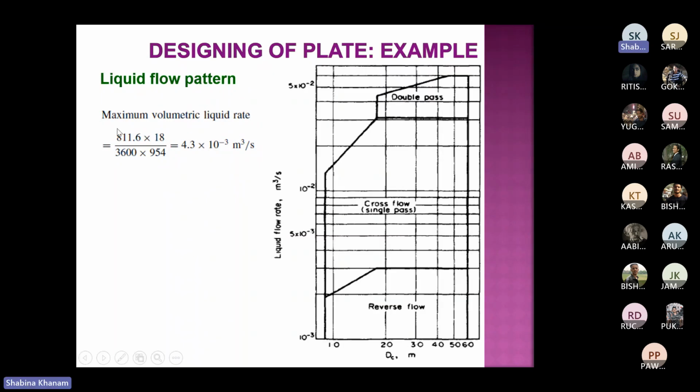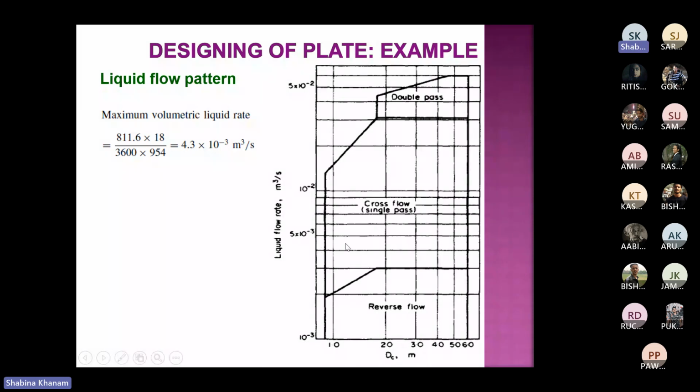So the maximum volumetric liquid flow rate, that is Lm prime, was given before. In the problem, you can calculate this: 811.6 into 18 divided by the density. It's not complicated to explain, but the maximum volumetric flow rate you need to consider for liquid, and that you need to trace in this chart. So I'm having 4.3, so somewhere it will lie over here.